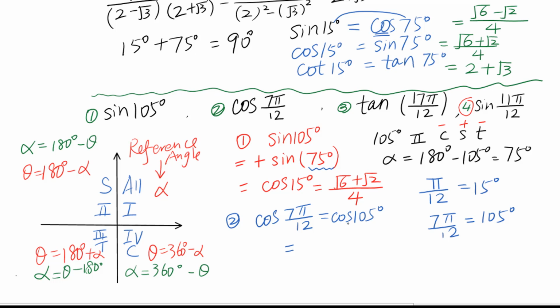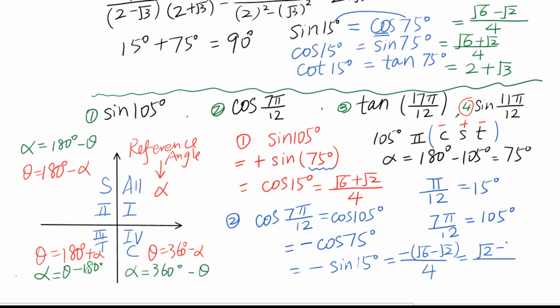But for the second quadrant, say ASTC, cosine will be negative. So negative cosine 75 degree. Cosine 75, that is a sine 15 degree. Sine 15 degree, we already figured out that is square root of 6 minus the square root of 2 over 4, which means negative, so it is square root of 2 minus the square root of 6 over 4.